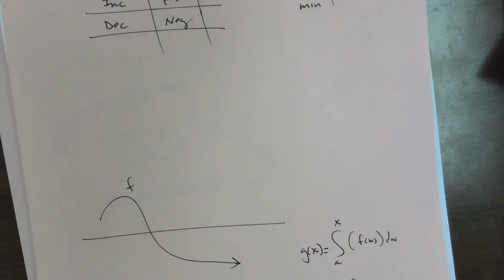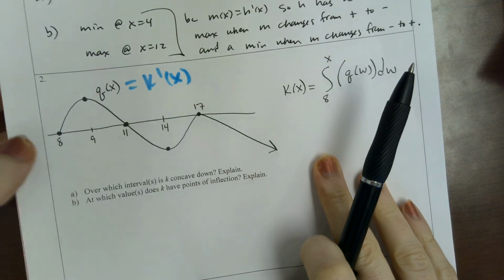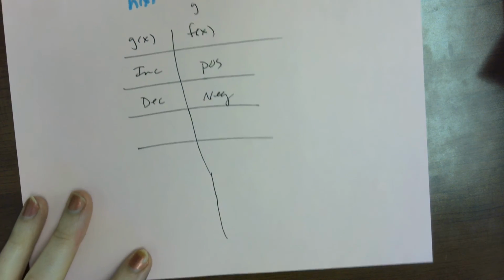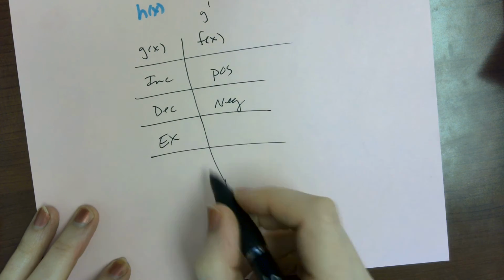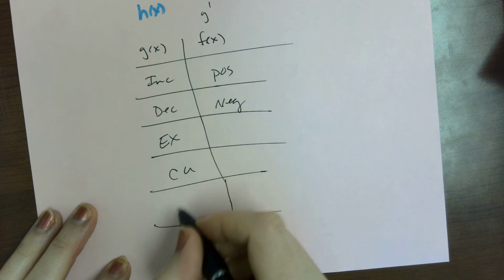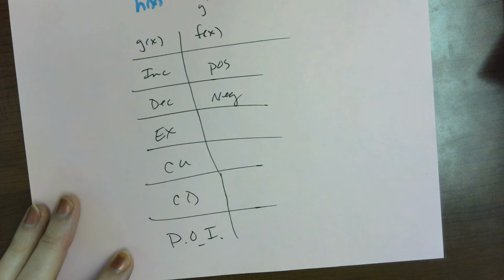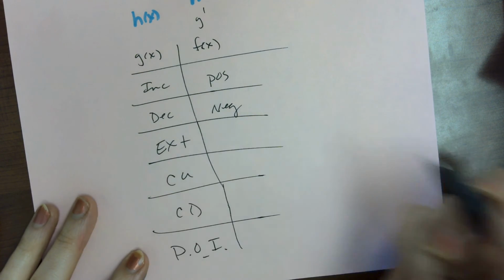Okay, so I look at this. All right, so let me extend this table. So increasing, decreasing, extrema, concave up, concave down, point of inflection. I'm just completing Susan's table.